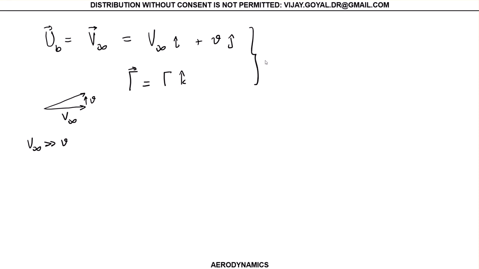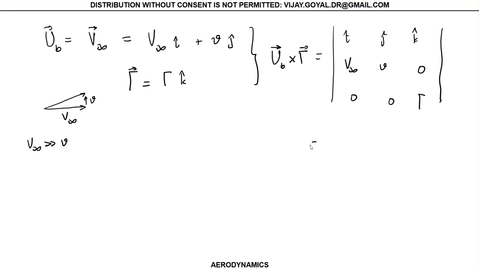From here, we can do the cross product, cross gamma, which is equal to the determinant of i, j, k; u, V infinite, v; 0, 0, gamma.